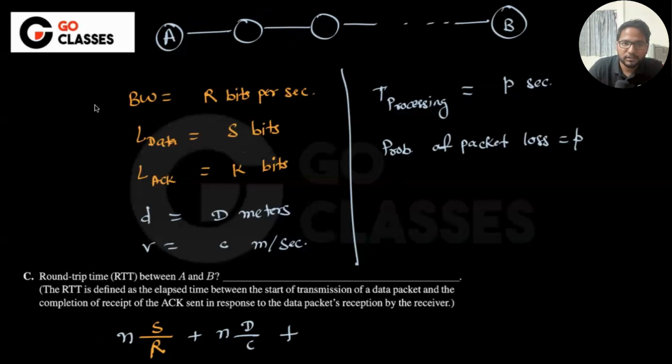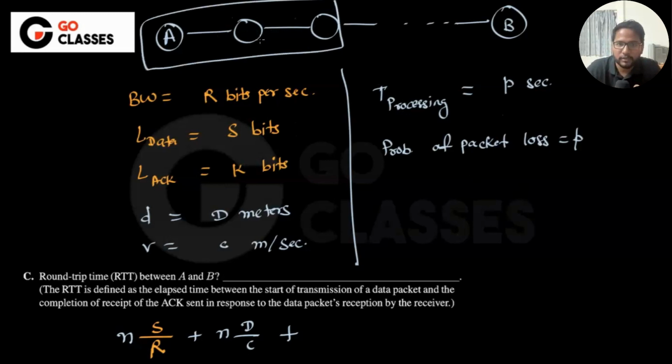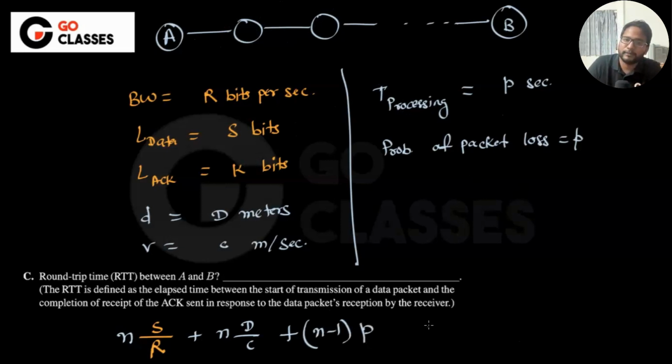Now, isn't it the case that in the other direction the ACK will also be traveling? Okay, sorry. There is also the processing delay, right, which is P seconds. So this was just for the transmission and propagation, but the packet will also incur the processing delay. If there are 2 links, then the processing delay is incurred only 1 time, so it is n minus 1 times the processing delay.